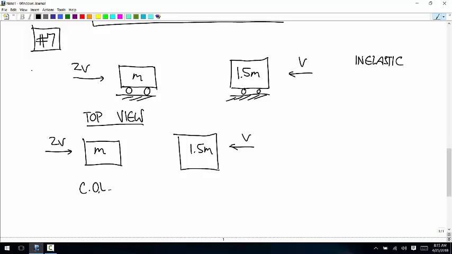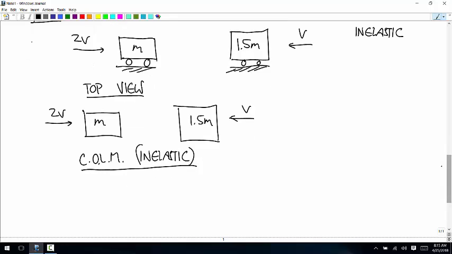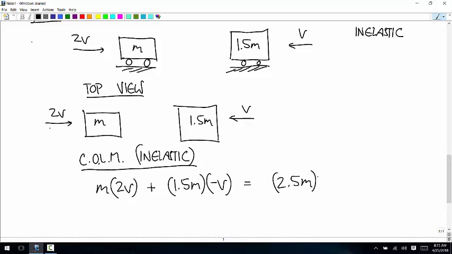Conservation of linear momentum, inelastic, says m times 2v plus 1.5 m times negative v is equal to, add up those two masses and you get 2.5 m times v final.